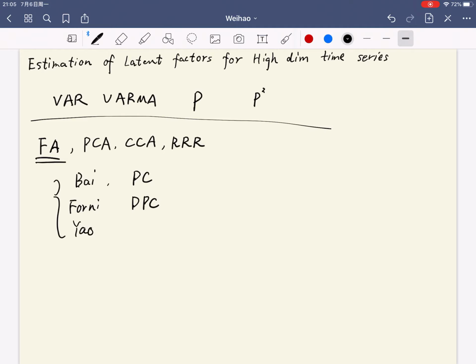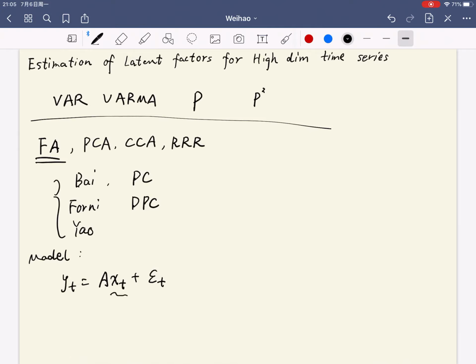Professor Yao adopts a different and more statistical approach in their paper to achieve the dimension reduction. They decompose the p-dimensional time series into two parts: the dynamic part, driven by the low-dimensional factor process, and the static part, which is a vector of white noise.